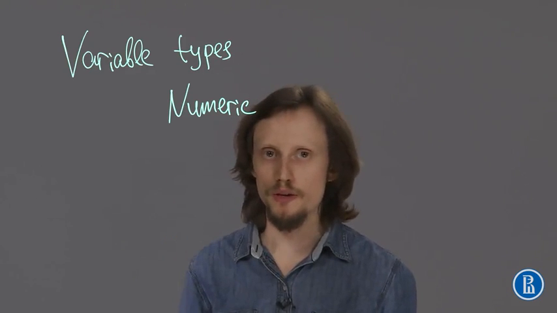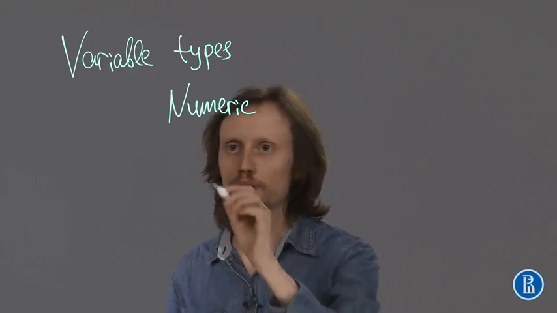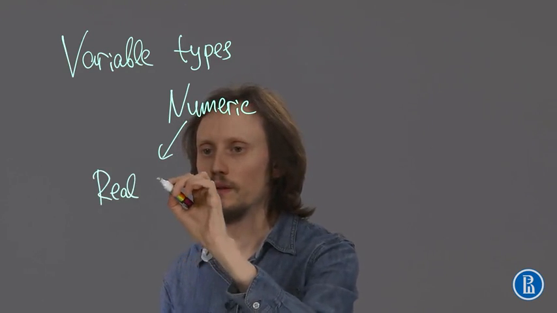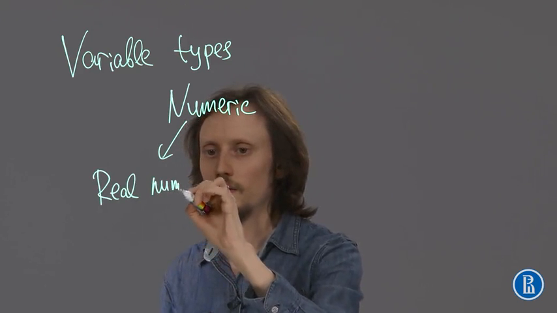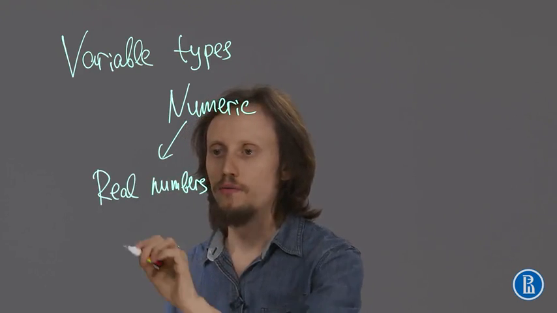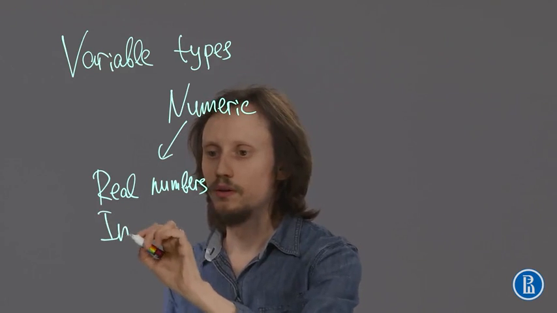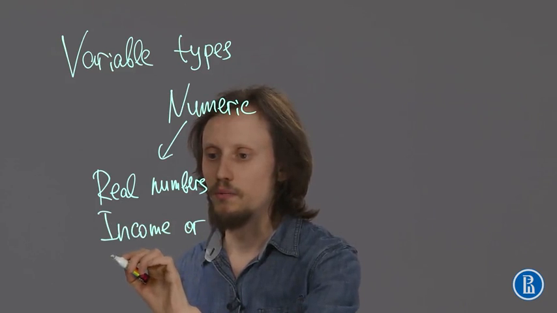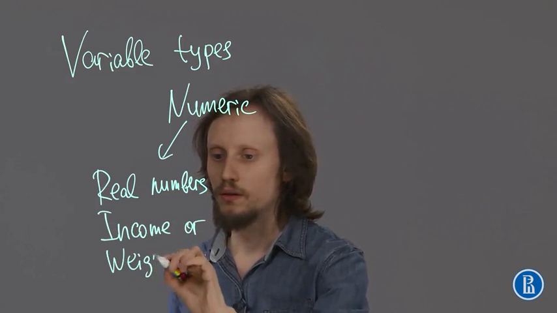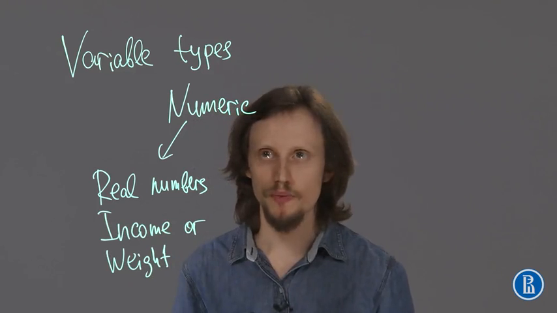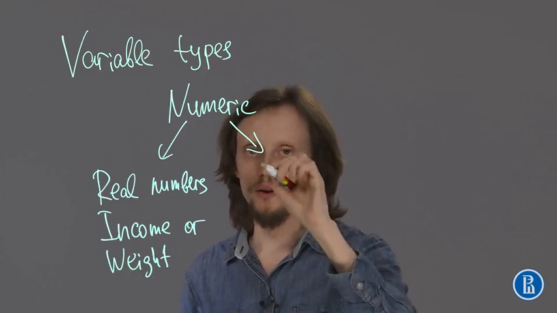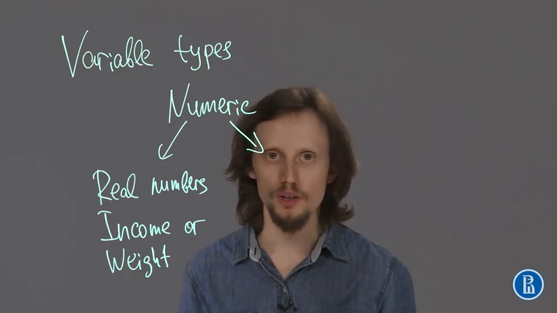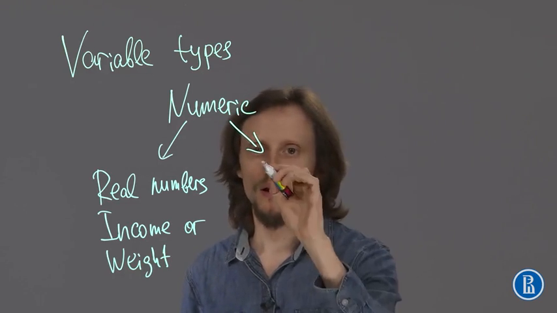Numeric variables can be subdivided into two categories. We can consider real numbers, for example, income or weight. And another option is to consider count, something that is denoted by integer numbers.